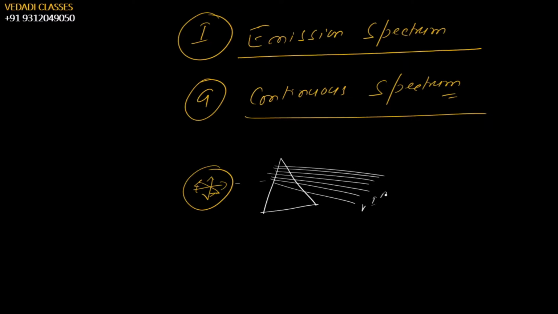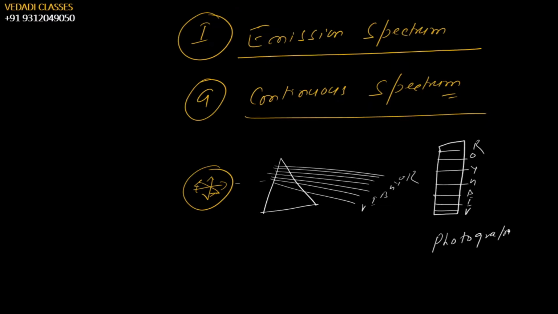This is VIBGYOR. When you obtain this on a photographic plate, this is known as a continuous spectrum.